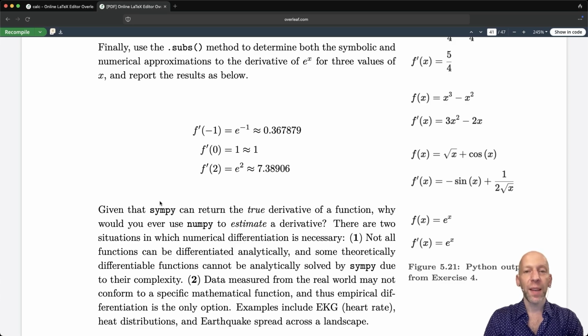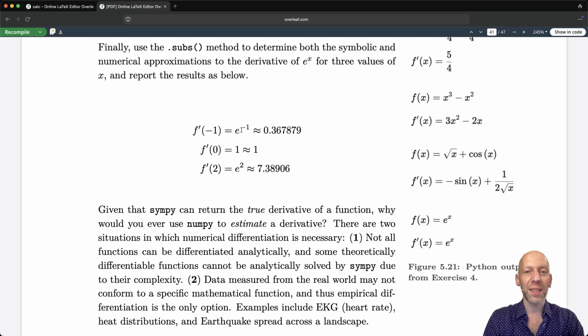The next part of this exercise is just to give you a little bit more familiarity with using the subs method on a symbolic object. In particular, what you want to do is evaluate one function for three different numerical values of x and print out the results like this. So we have f prime, the derivative of e to the x, which is also e to the x, at -1, 0 and 2.